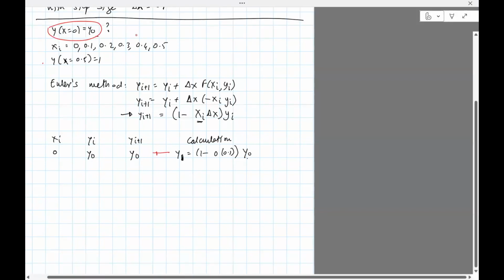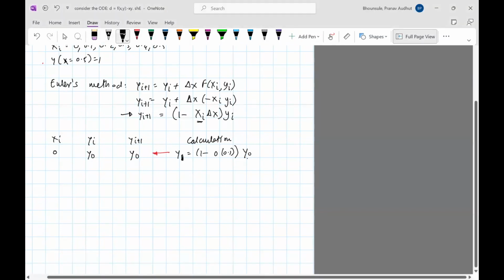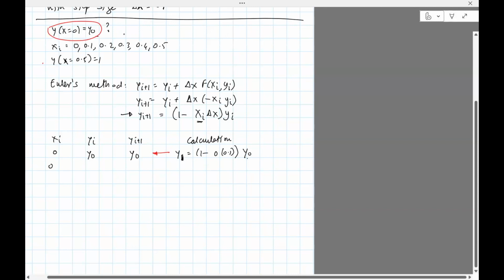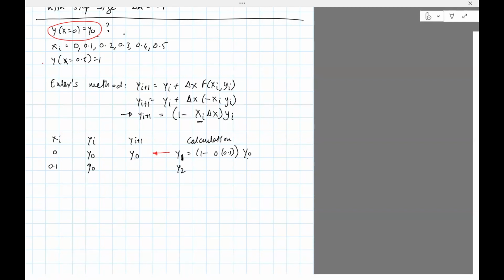Okay, so this calculation basically feeds here. Next we have 0.1. This value should be written down here. Now we do the calculation for y2. It's 1 minus, I use this formula, x_i is 0.1, delta x is 0.1, times y1.